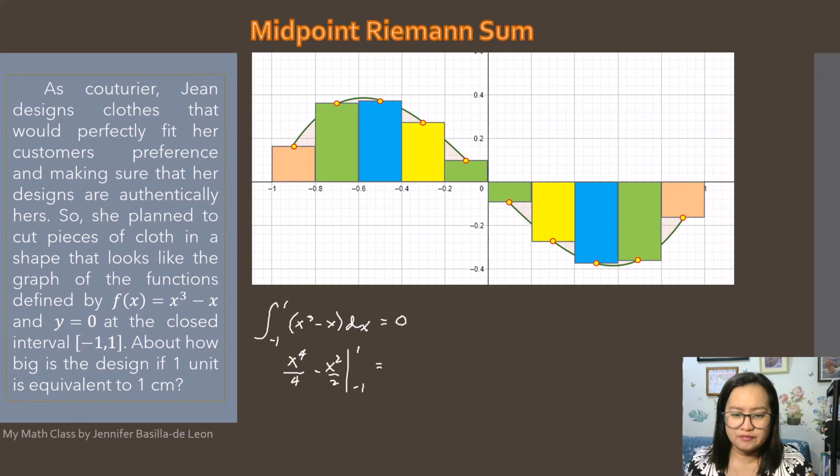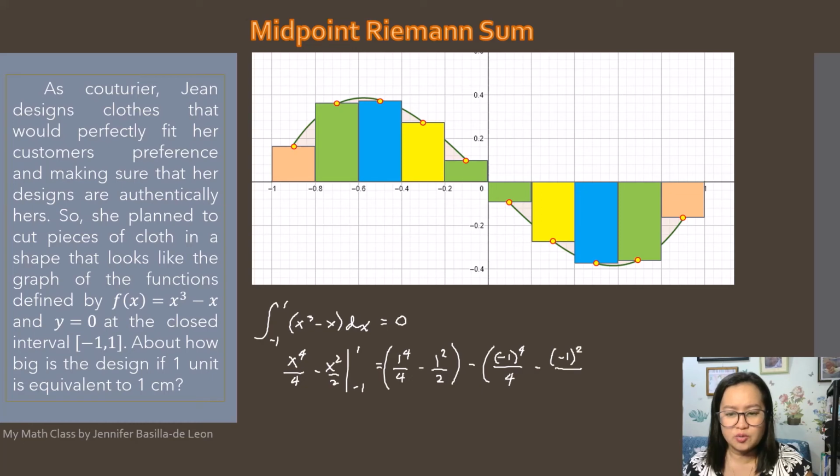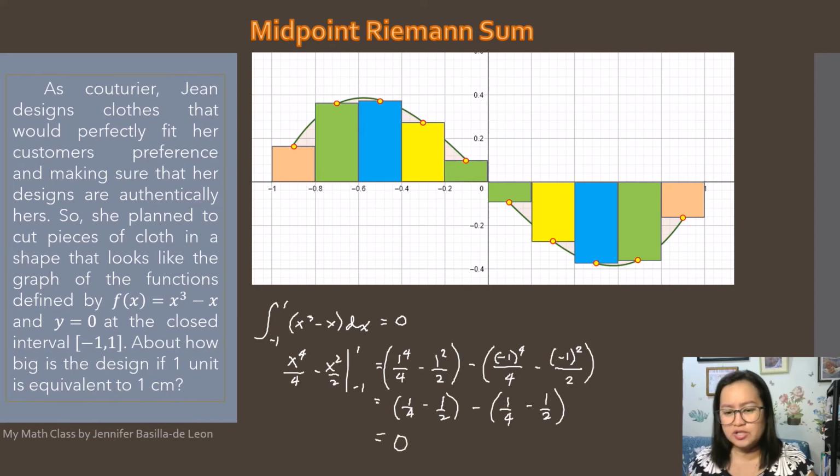So we will have 1 raised to the 4th power over 4 minus 1 squared over 2, minus -1 raised to the 4th power over 4 minus -1 squared over 2. Now, as you can see, we will have 1/4 minus 1/2, the same as the subtrahend 1/4 minus 1/2. Simplifying this, all of this will be equal to 0.